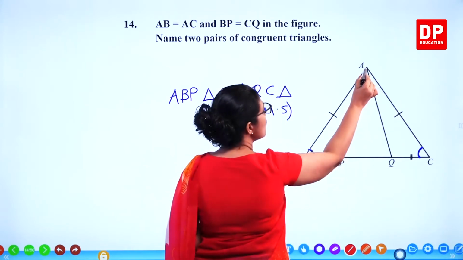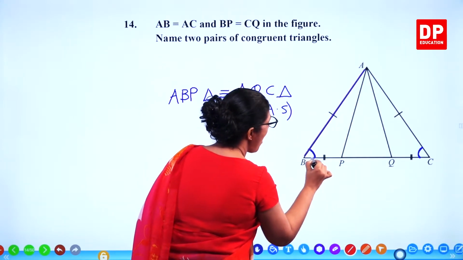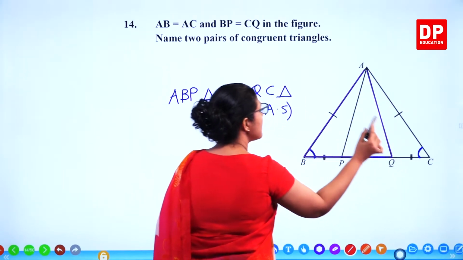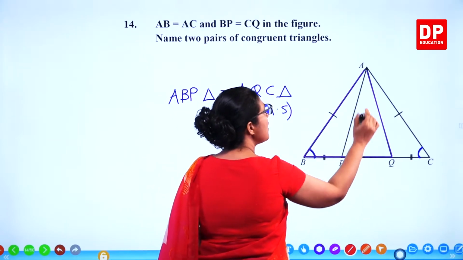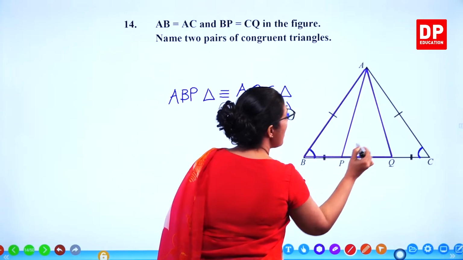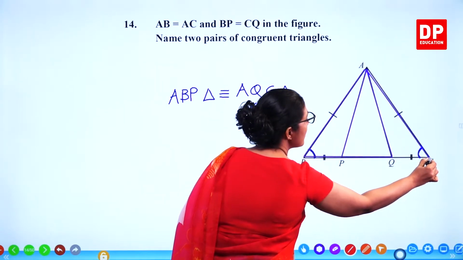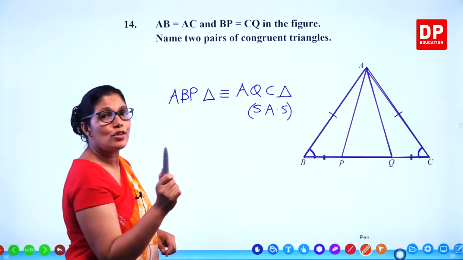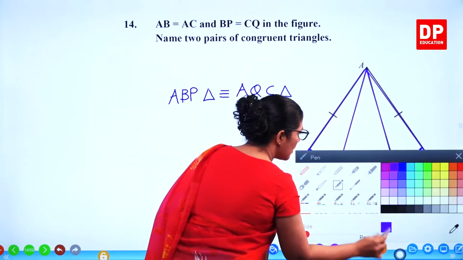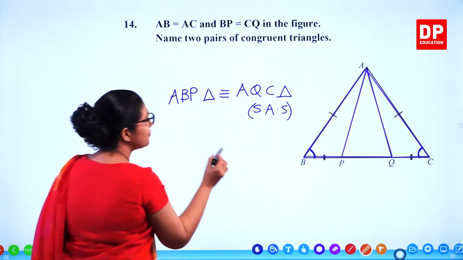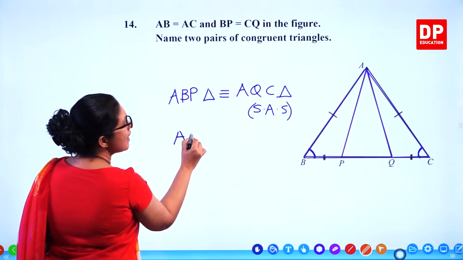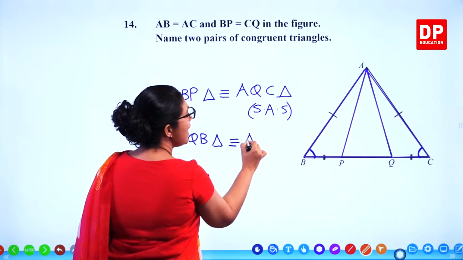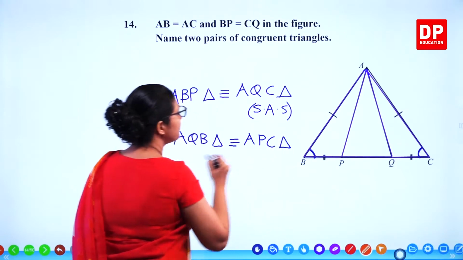Now look at carefully this one. When you take, so these two triangles are equal. So I am adding this APQ triangle to that. So same thing I am doing to the other one. I am adding APQ triangle to AQC triangle. Then those two are also congruent. So I can say AQB triangle is also congruent to APC triangle.